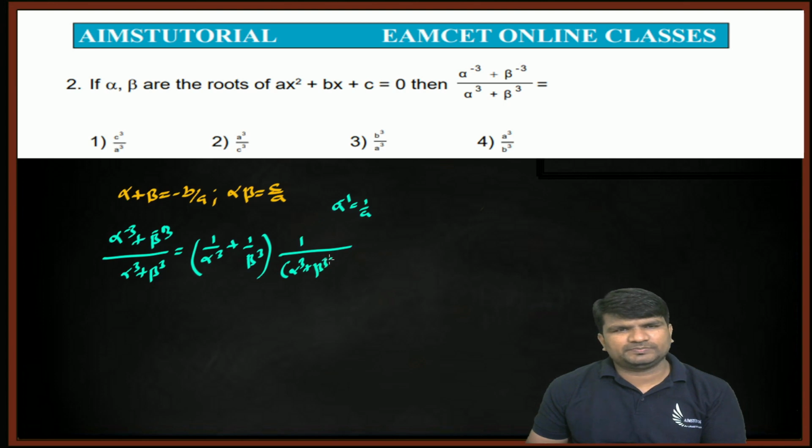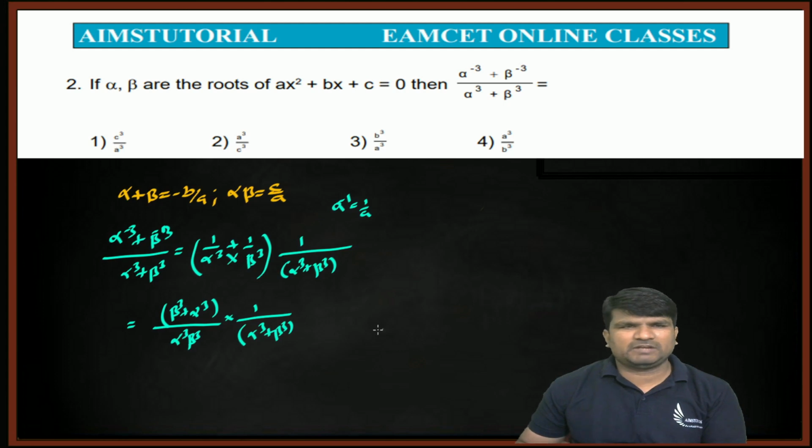Into this one, we are writing separately 1 by alpha cube plus beta cube. So what about the LCM? LCM is alpha cube beta cube. If you cross multiply, it will become beta cube plus alpha cube into 1 by alpha cube plus beta cube. So this alpha cube plus beta cube gets cancelled, leaving 1 by alpha beta whole cube.